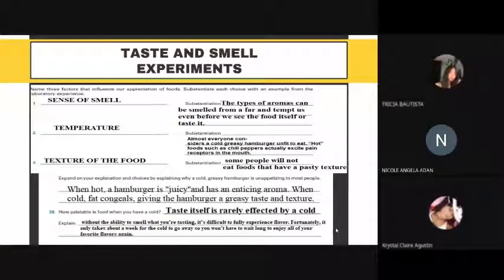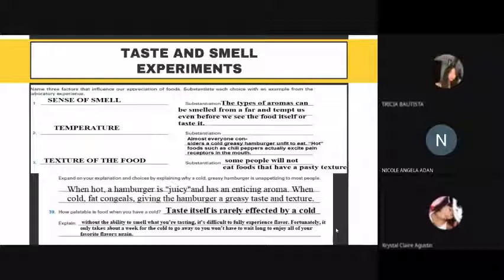For number 38, name 3 factors that influence our appreciation of food. Substantiate your choice with an example from the laboratory experiments. Number 1, sense of smell. Aromas can be smelled from afar and tempt us even before we see the food itself or taste it.